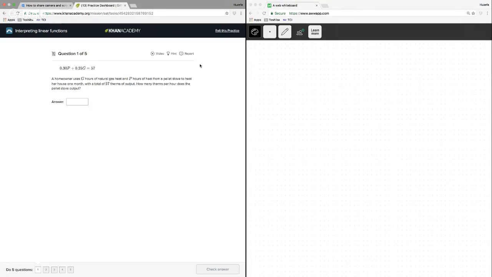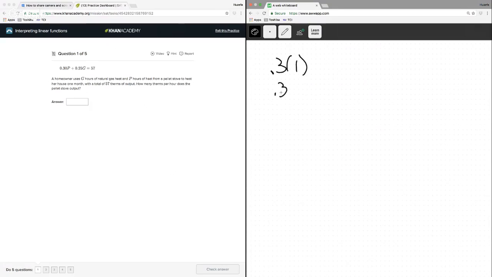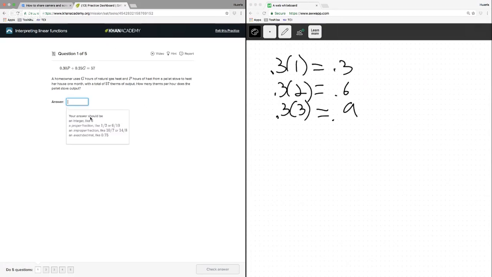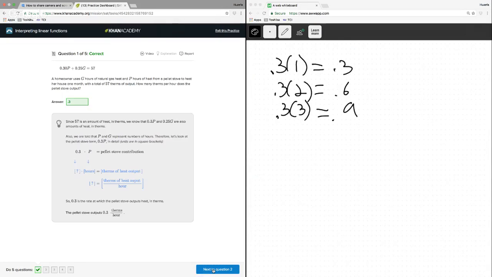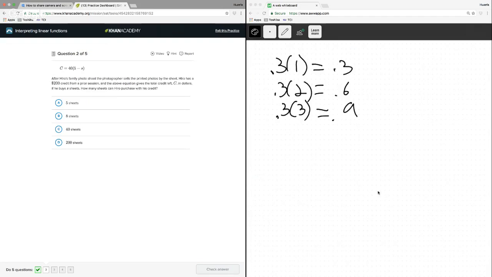Because literally, think about it, as P goes up from 1 to 2 to 3, every hour, this thing is going to be increasing by 0.3. So that is literally the hourly output. So we go 0.3, we check answer, and boom, the green means it's correct.